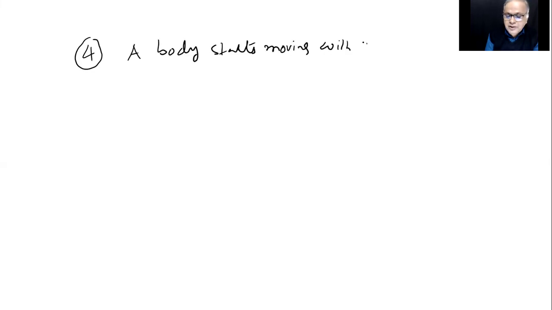Fourth. Another decent question I'll give you. A body starts moving with a constant acceleration A along a straight line.